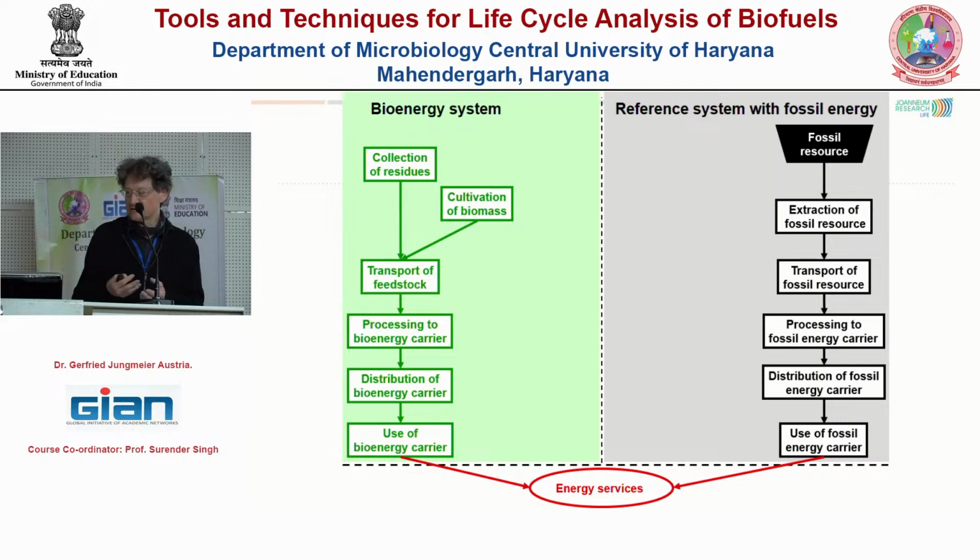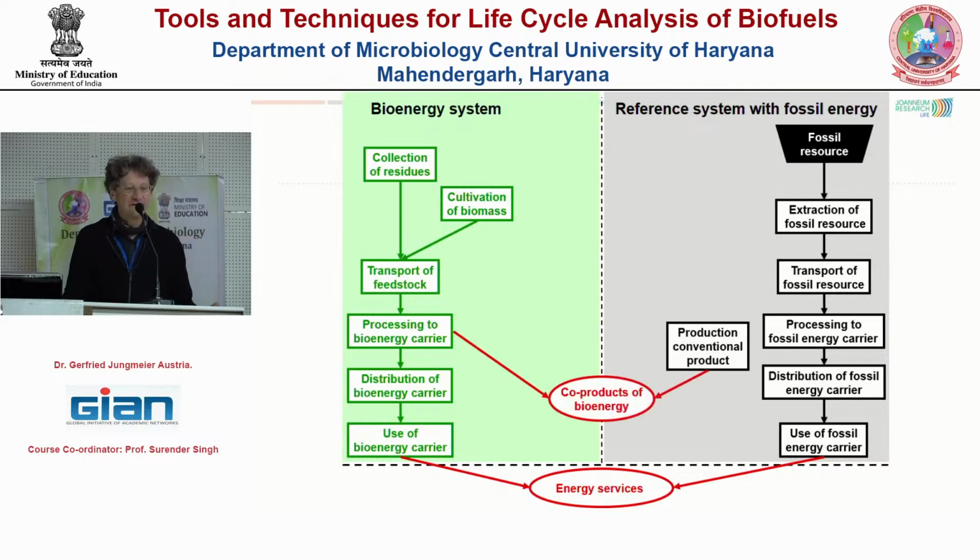And the fossil system, at first glance, has more or less the same processes: transportation, conversion, distribution, and use. But for the biomass, we've seen we have these co-products, and these co-products must be assessed in the overall system boundary.